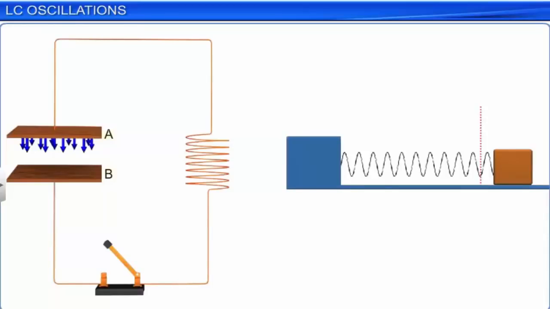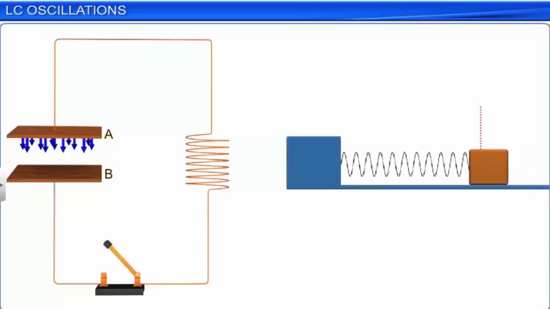In the case of a spring, when the spring is initially in an elongated position, all the energy of the system is in the form of potential energy. When the spring is released and it reaches the mean position, this potential energy in the system is converted completely into kinetic energy.